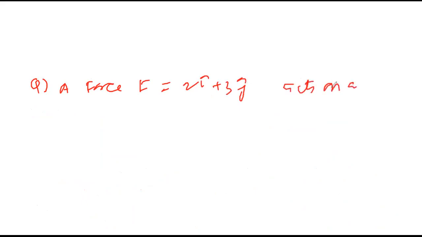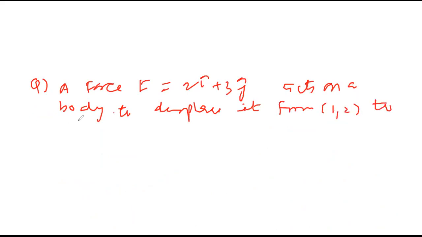Now, Aryan, as you said, dot product also we can use. See this one, next sum. A force F is 2i cap plus 3j cap acts on a body to displace it from (1, 2) to (4, 1).